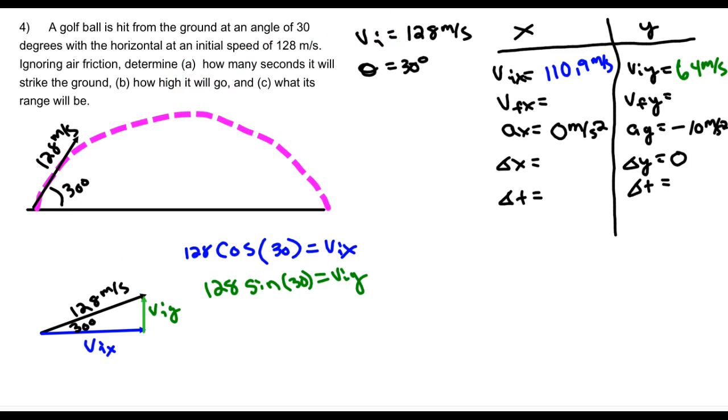All right. Now, since I know the initial velocity here in the y direction, the final velocity in the y direction is complete opposite to it. We should have talked about that in class. If I've got a hand, a very rough drawing of a hand, and it's throwing a ball up in the air, and I release that ball at 3 meters per second, it's going to slow all the way down to 0.